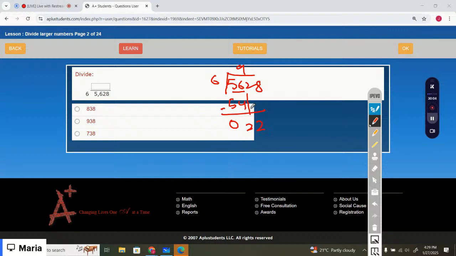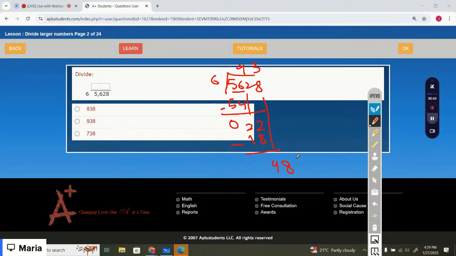Now bring the next digit down, that is 2. We can go for 6 times 3, that is 18. 22 take away 18 is 4.